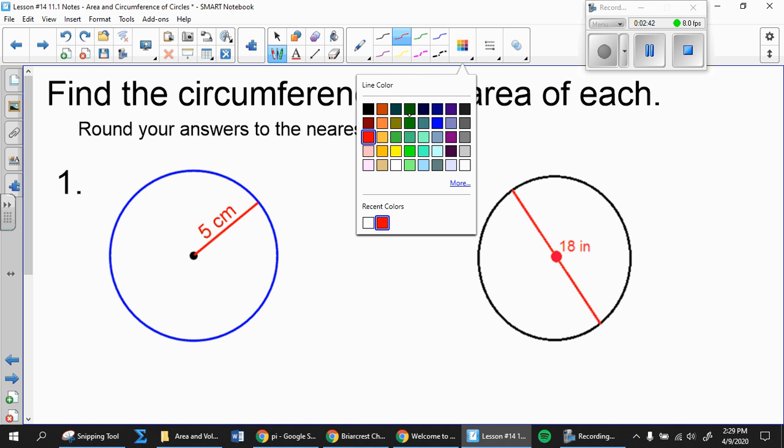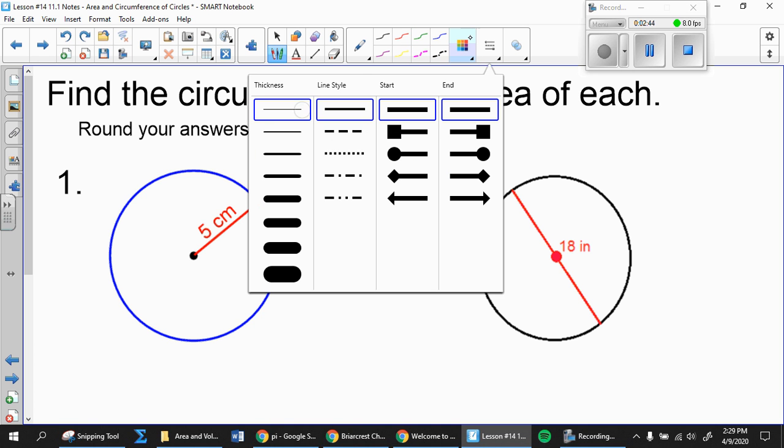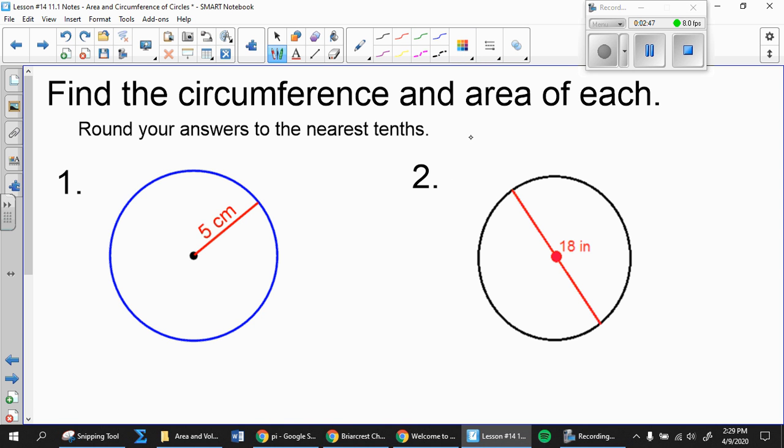So first example here. First thing we need to recognize, if you look at both of our formulas, circumference equals 2 pi r and area equals pi r squared, the only unknown that we have is our radius. So the only thing we're worried about when we're finding circumference and area is just the radius.